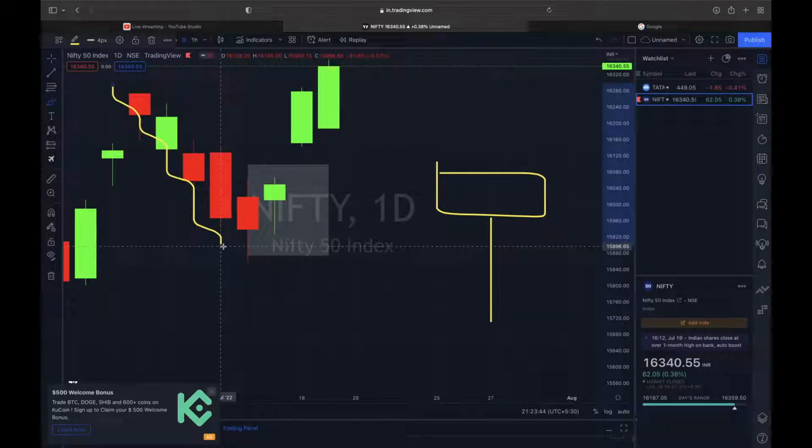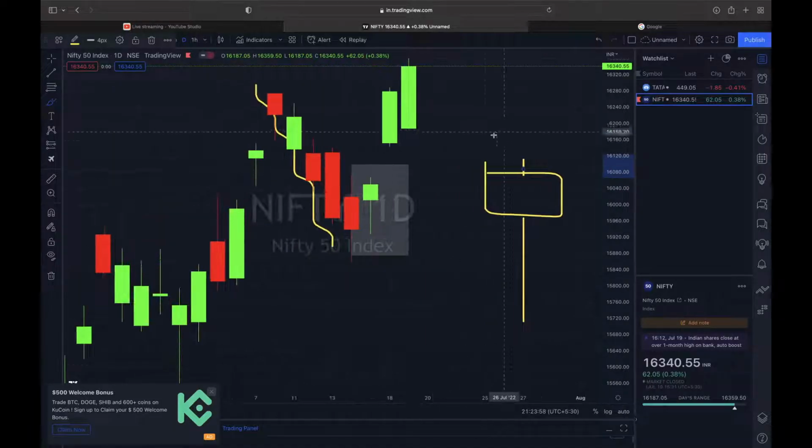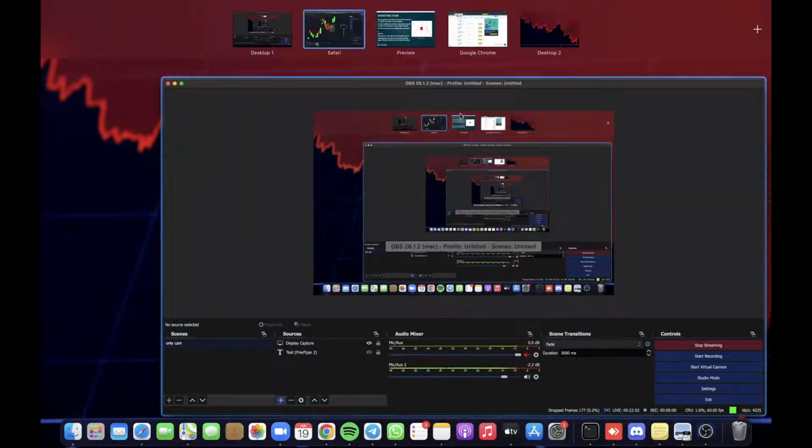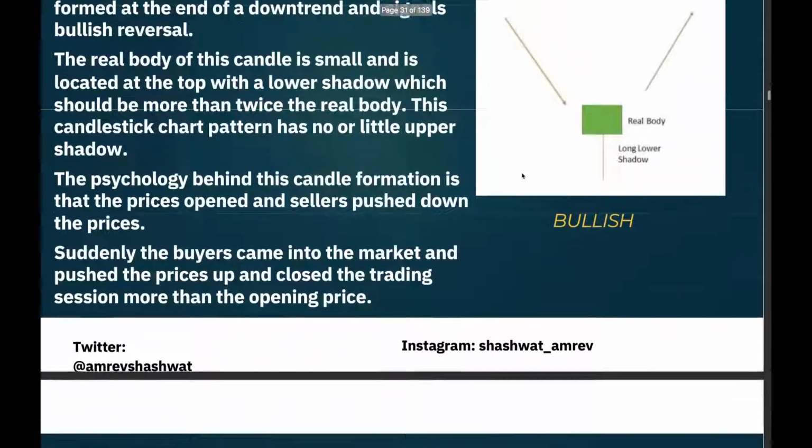It is formed in a downtrend, but it also has a small wick, but that's okay. Got it? Condition satisfied. Made in a downtrend and looks like a hammer.